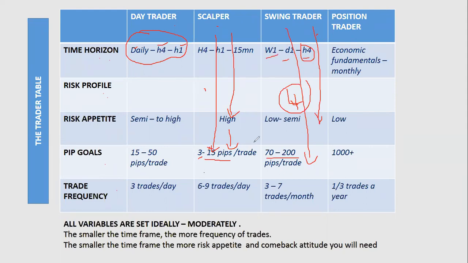They are able to let trades go in profit for quite a long time. And the more the time frame, the more the pip range. That's the basic idea. So if you're a day trader, you can't be looking for 200 pips. In a day, it can't happen. You blow yourself out.